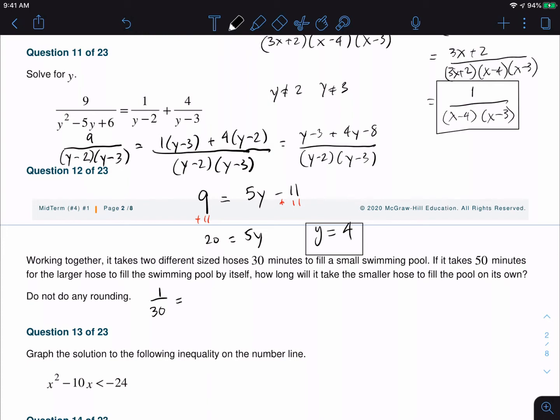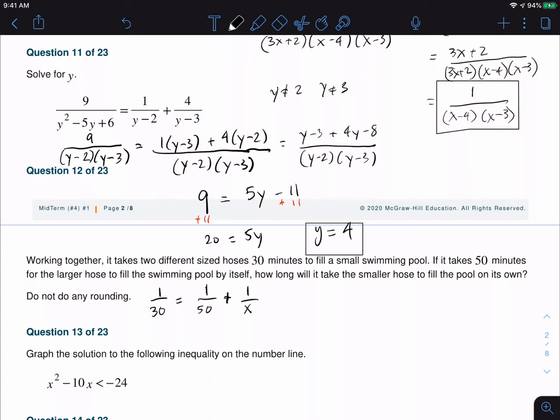Well, the bigger hose will do that 1 minute of work, but it will only fill up 1/50 of the pool, right? Because for every minute, it's only going to be doing 1/50 of the whole pool if it was doing it by itself. But working with the other hose, which we don't know what it is, it's going to do 1 minute worth of work, and then we need to find out how much time it's going to take for that one smaller hose to fill up the pool itself.